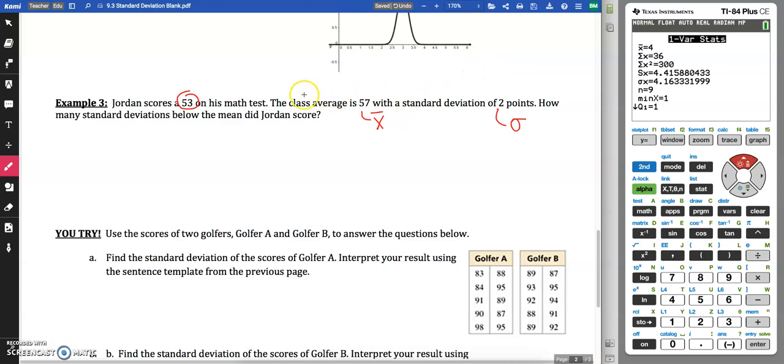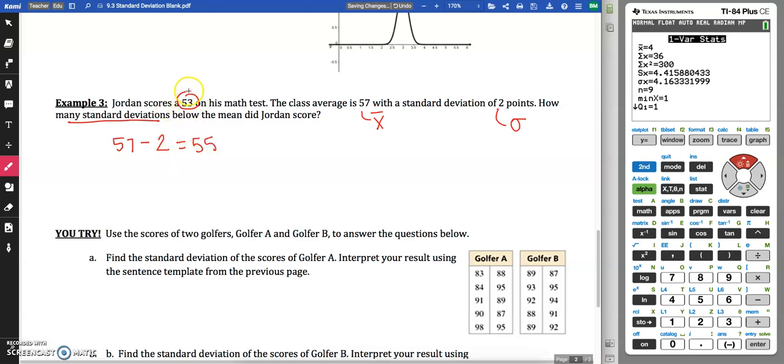Okay, so I'm wondering how many standard deviations he was below. If this was the average, and I take away 1 standard deviation, that means I'm going to subtract 2. So this is subtracting 1 standard deviation. I only get to 55.